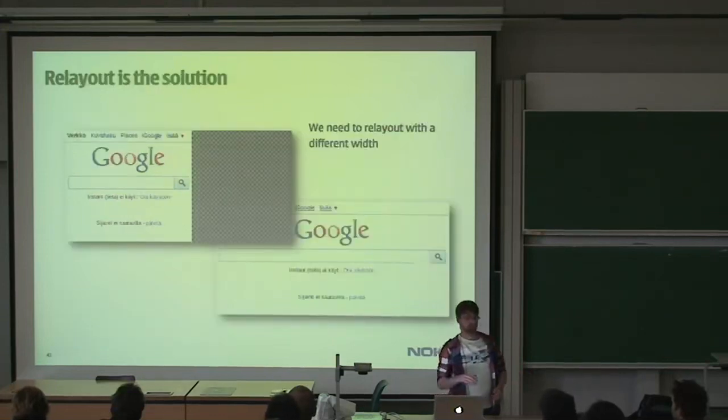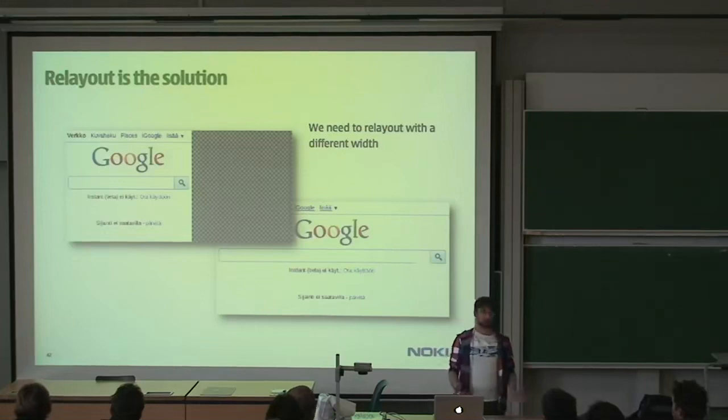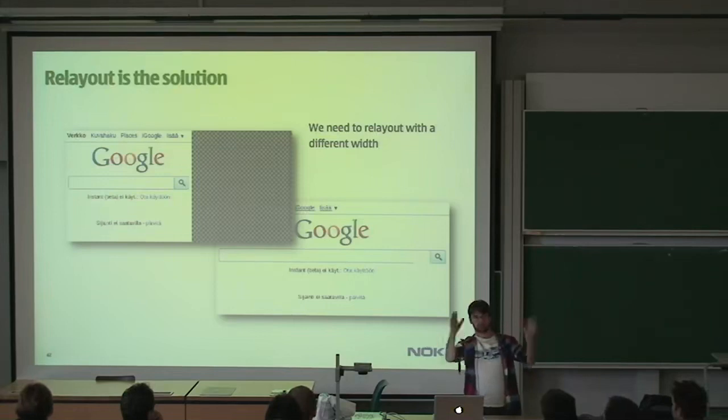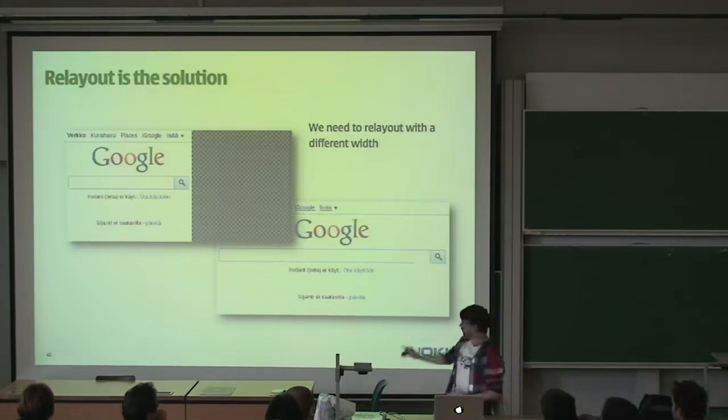So what we do, what all the others do, what Android, what iPhone, what everyone is doing, because everyone has implemented this today, even Opera and Firefox Mobile, is that we have to relay out with the new view. We just say, okay, it doesn't fit. We relay out the whole content as if it had a larger width. Basically, like what you see there.